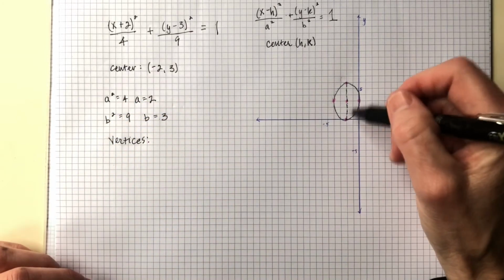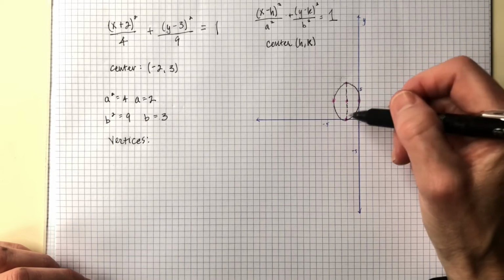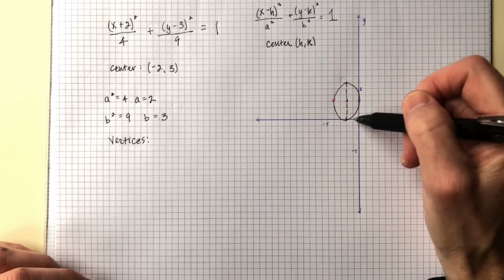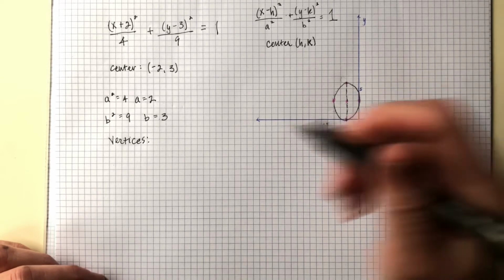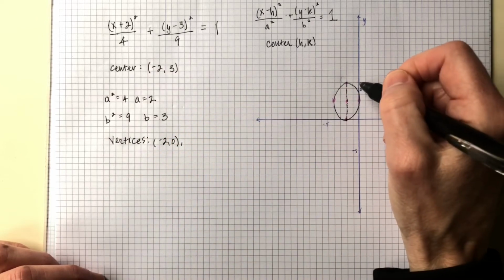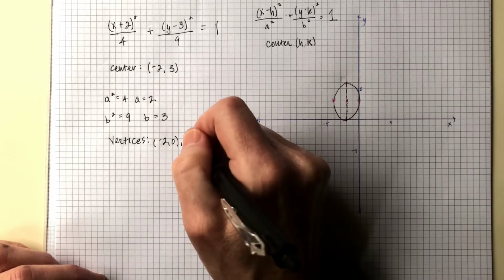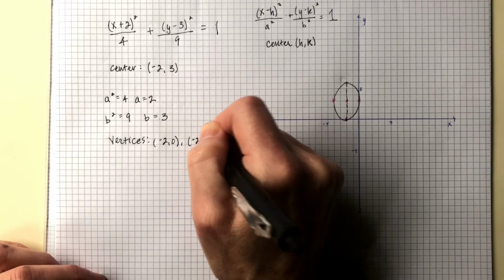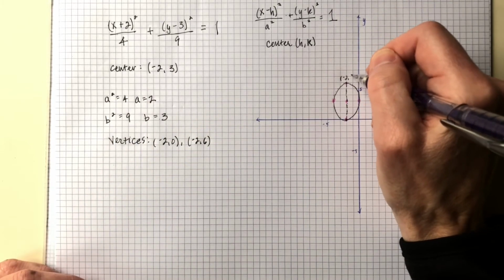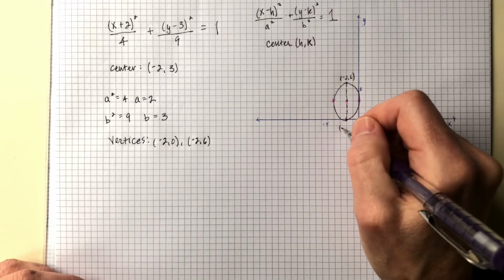So to find these points, we just list their coordinates like any other points. So this one down here is at (-2, 0). And this one here is at (-2, 6). And we can also list those right on the graph.